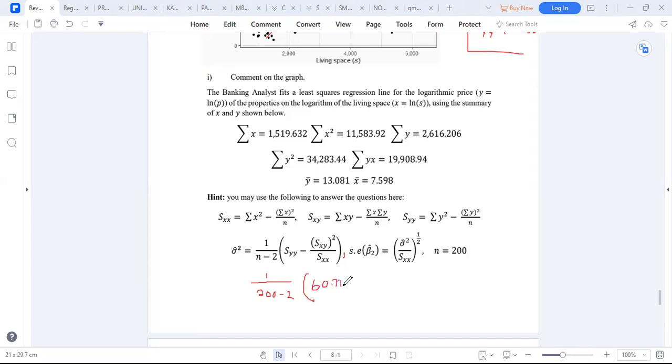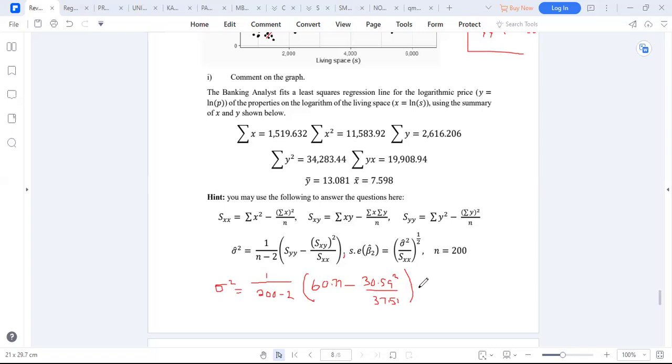Then XY was given 30.59. And XX was 37.51.